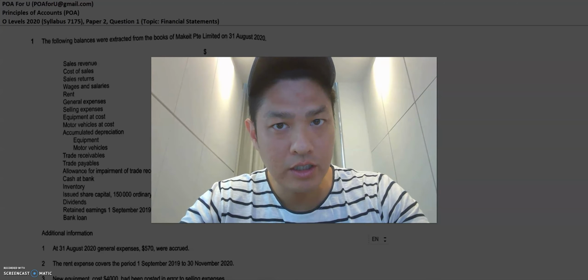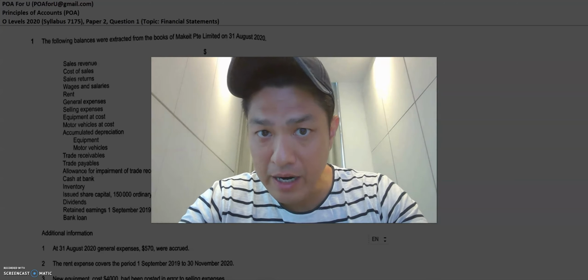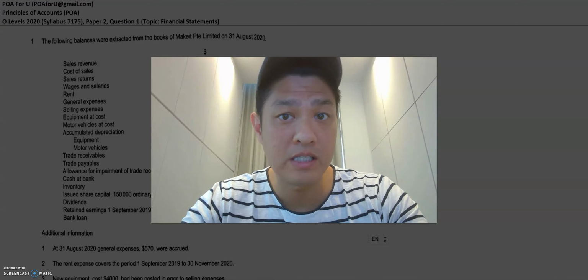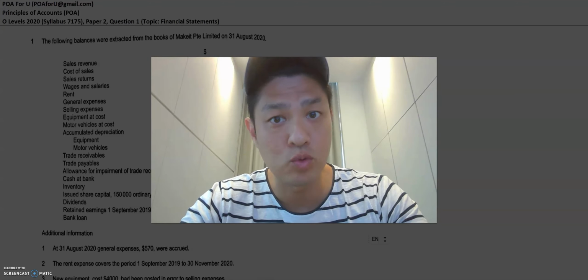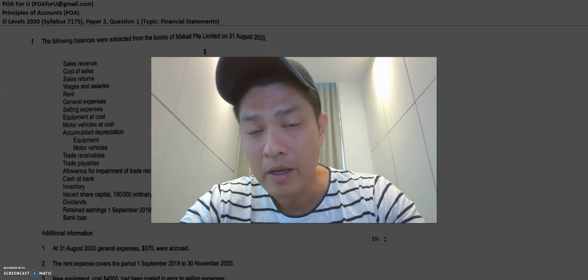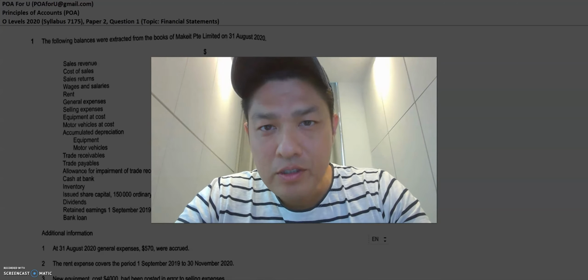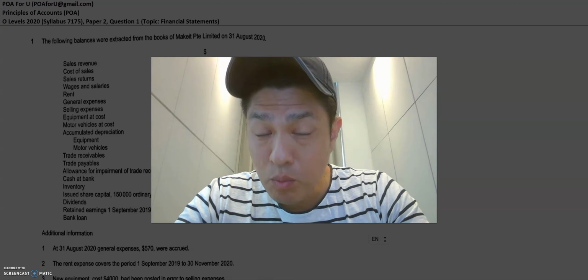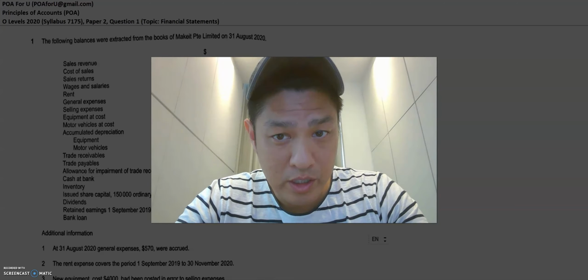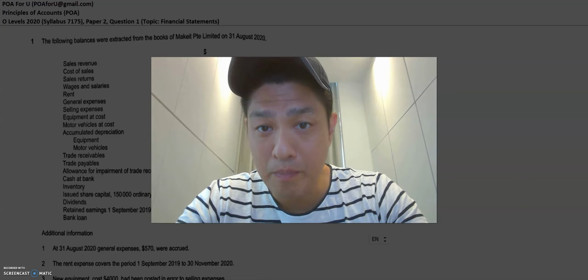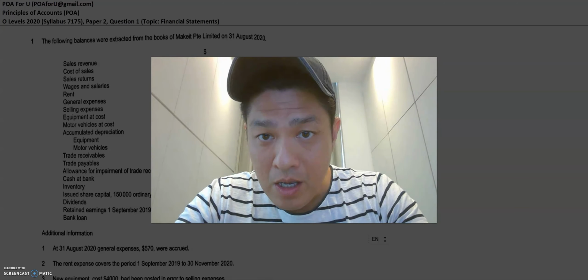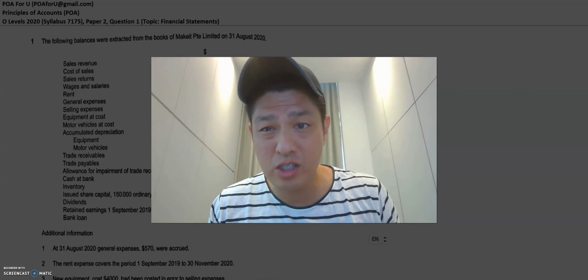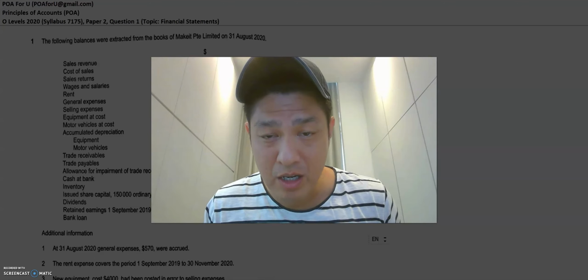Now, this is syllabus 7175 and it's different from the syllabus 7087 that's tested from 2021 onwards in Singapore. Although it's a different syllabus, I think syllabus 7175 Paper 2 Question 1 is still relevant as a practice paper, because by and large the questions are going to be the same, right?